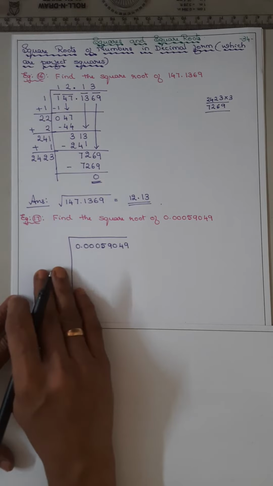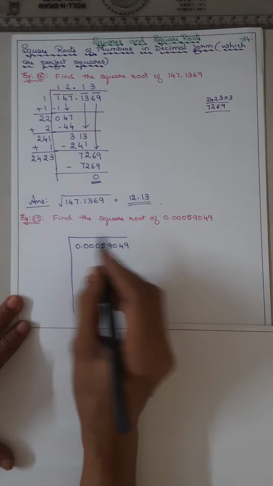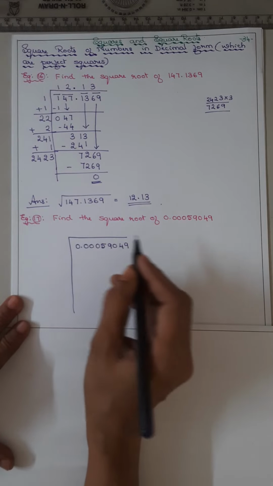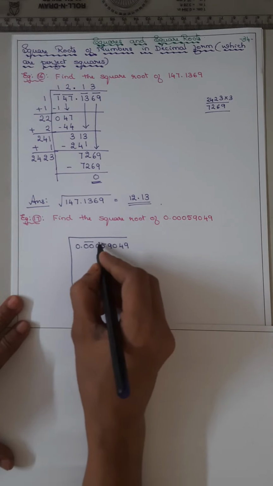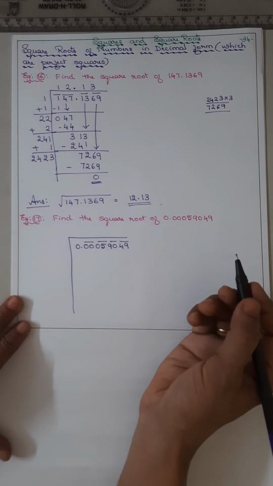On the whole number side it is 0, so no need of grouping. On the right side, left to right: 0, 0, 0, 5, 9, 0, 4, 9.